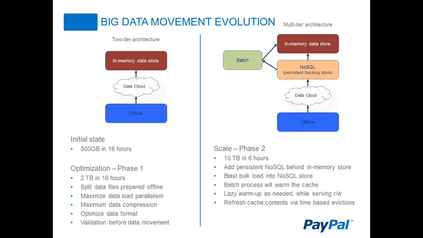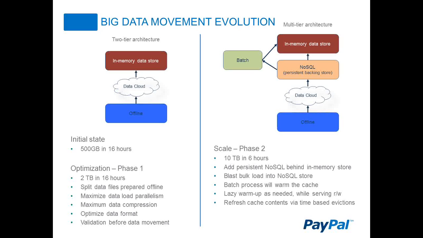So by doing this level of optimization, we were able to move 2 terabytes of data instead of 500 gigabytes in 16 hours. But the need is to move 10 terabytes of data in 6 hours. So what was holding us back in phase 1 was that the online data stores are not really optimized for parallel data loads or bulk data loads. They're more optimized for speed, quick lookups.